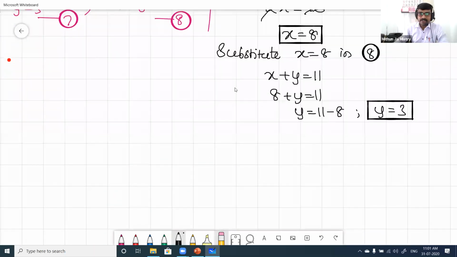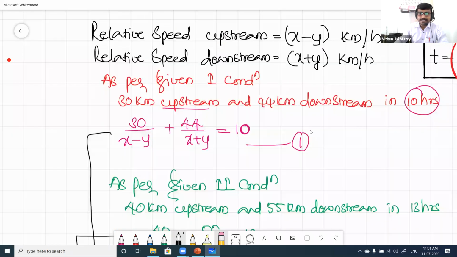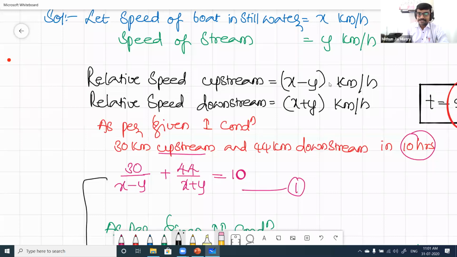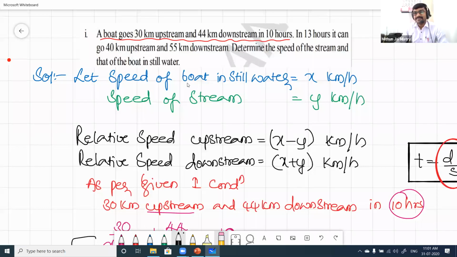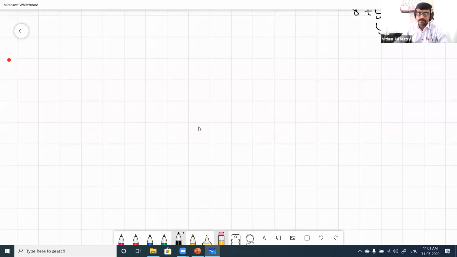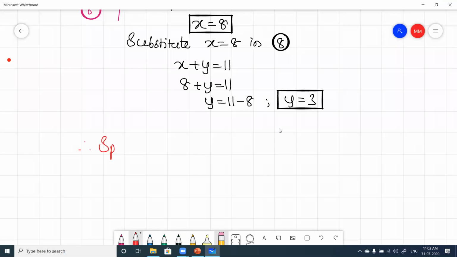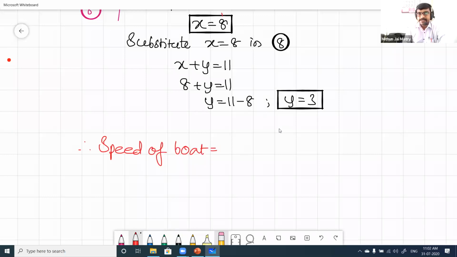But long ago, what did we take x and y as? Have a look here. x means the speed of the boat and y means the speed of the stream, along with units. So here we will write at last like this. Therefore, speed of boat is equal to x, and x is 8.